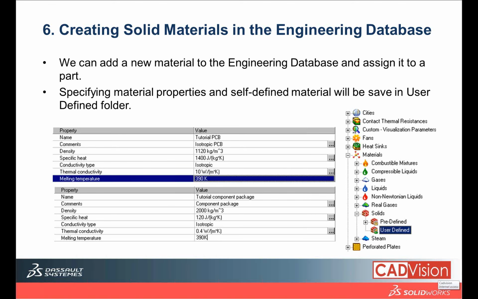Next is assigning materials to each of the components. Remember that we assigned a default solid to all the components. In this case, there are certain components with different materials, so we need to assign them individually for correct flow analysis.